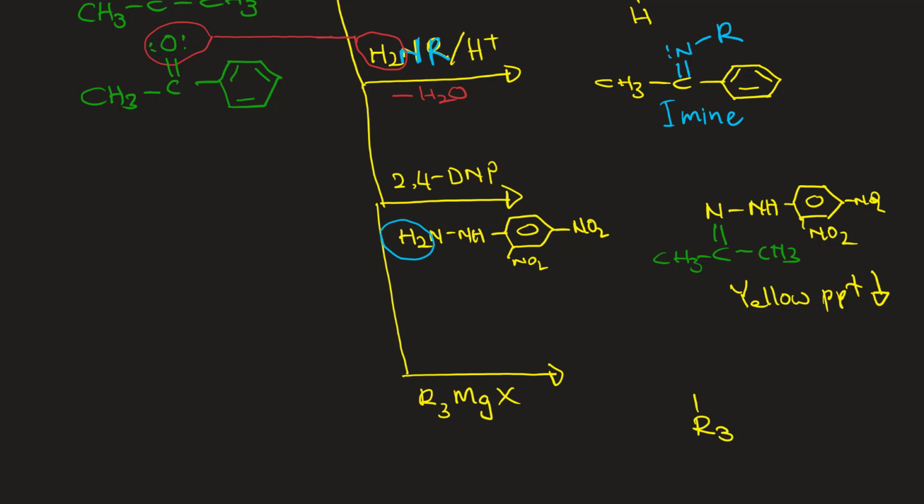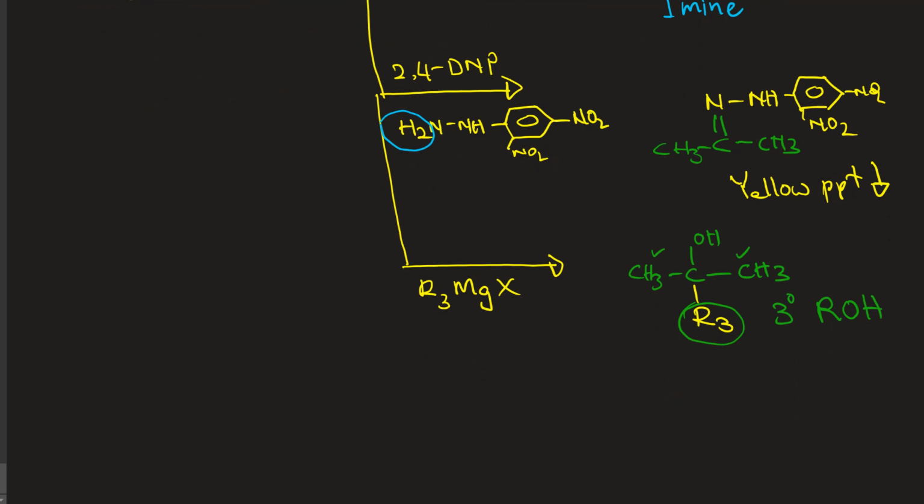So that will react. In this case, just to recognize, I put an R3, and if we take acetone again, it will attack the carbonyl carbon, and then the O negative will become an OH, and this will be a tertiary alcohol. So we actually can make from ketones secondary alcohol, tertiary alcohol, and alkanes. Quite a bit of things.